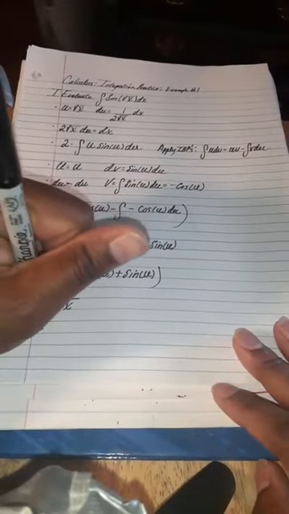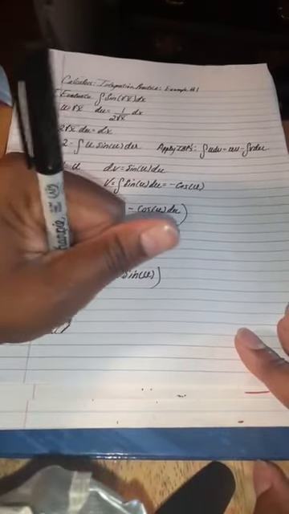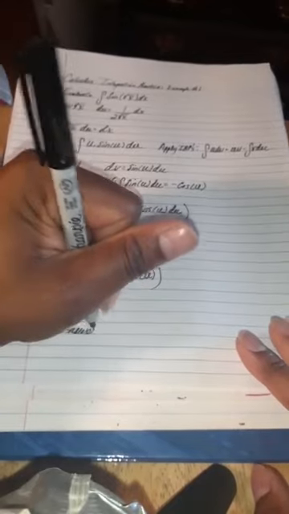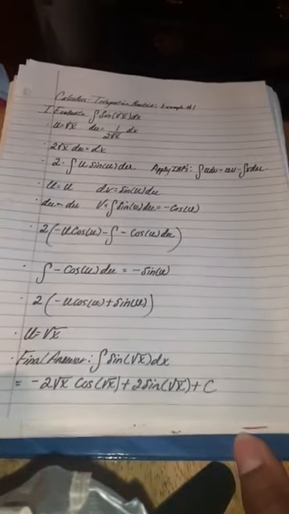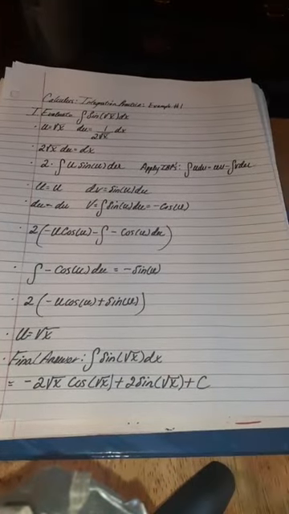The answer to this integral of sine of the square root of x dx will be negative 2 times the square root of x multiplied by cosine of the square root of x, plus 2 sine of the square root of x. And then it's an indefinite integral, so we need to add an integration constant, plus c, at the end. And that would be your solution.